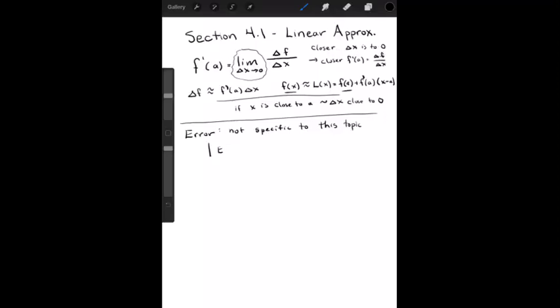So our estimation minus the real deal. And we put those absolute value bars there so that it doesn't matter what order we do that in, right? We always want our error to be a positive number. So again, that's not specific to linear approximations. That's just the definition of what error is. Alrighty.